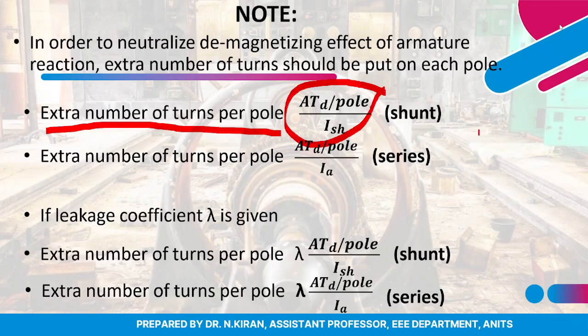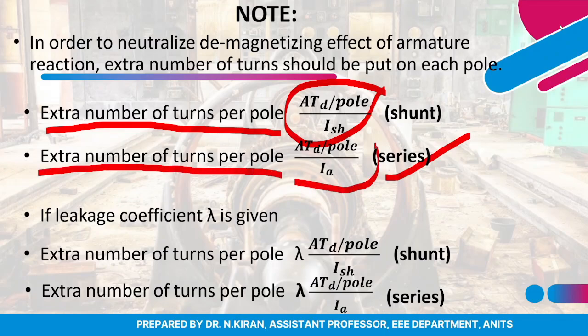In case of a series generator, I just need to divide by the armature current IA. This is when there is no information regarding the leakage coefficient.